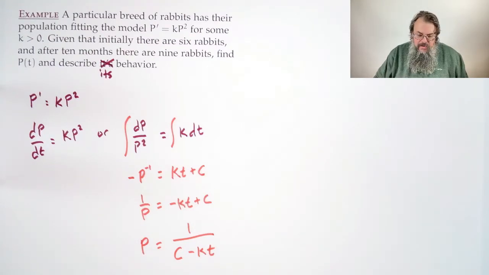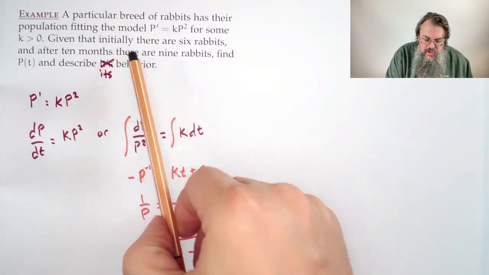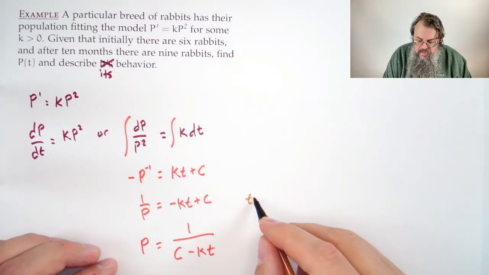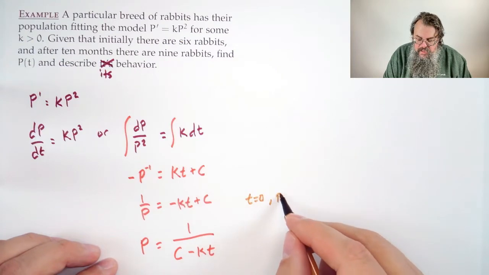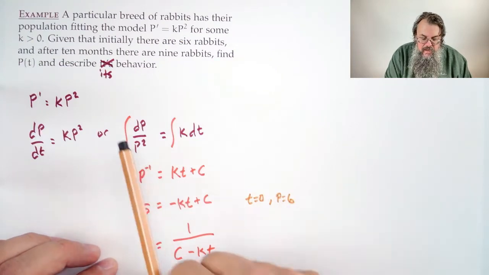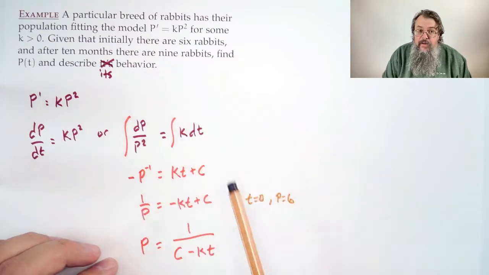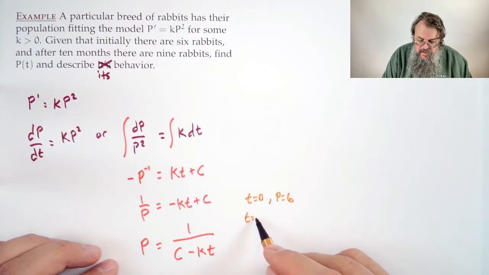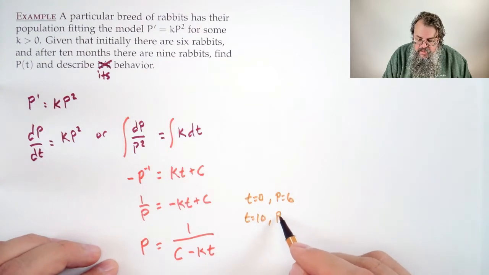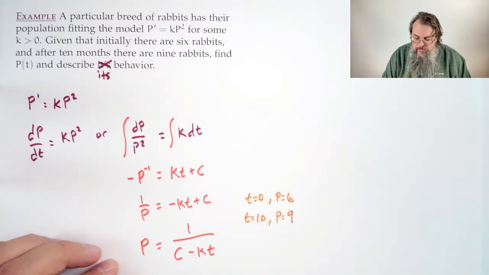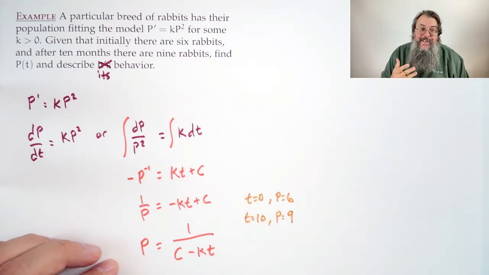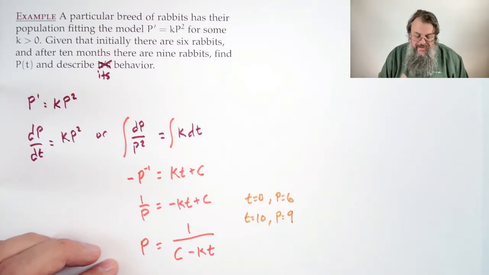So we have some information here that says initially 6 rabbits. So we say, oh, at time t equals 0, p equals 6. And then after 10 months, 9 rabbits. Oh, okay. So at time equals 10, p equals 9. Okay, well, let's start with 0. 0 is a good friend. We like hanging out with 0 because 0 simplifies a lot of things.